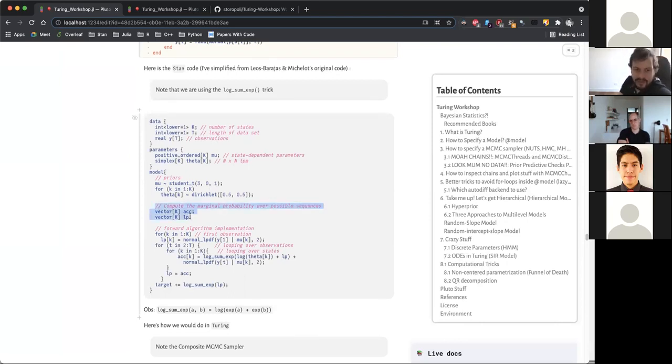And then here is the forward algorithm. We have a log prob accumulator, a helper vector. And then we do a forward pass.